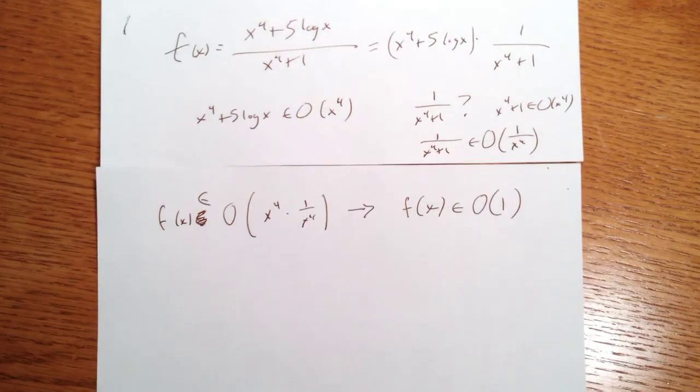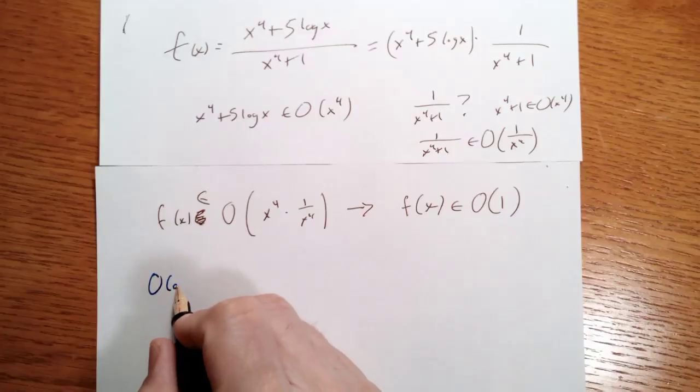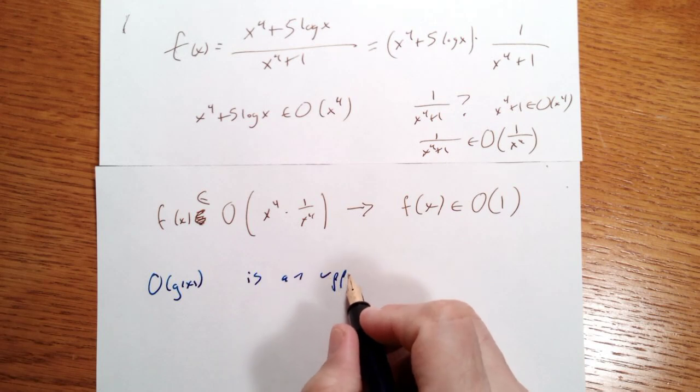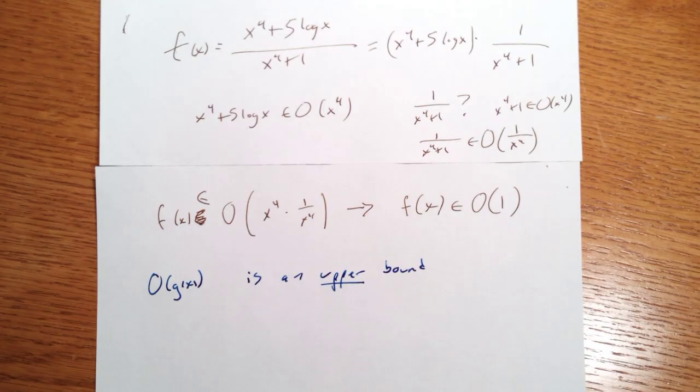Meanwhile, big O is an upper bound. Which means I can create a lower bound. Here's a new definition.